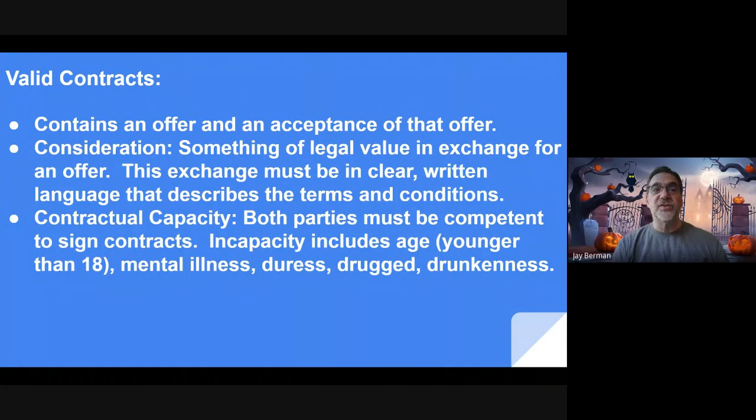But what does it mean to have a valid contract? A contract has to contain an offer and acceptance of that offer. There is a legal term called consideration, which means something of legal value has to be exchanged for the offer. This exchange must be in clear, written language that describes the terms and conditions.